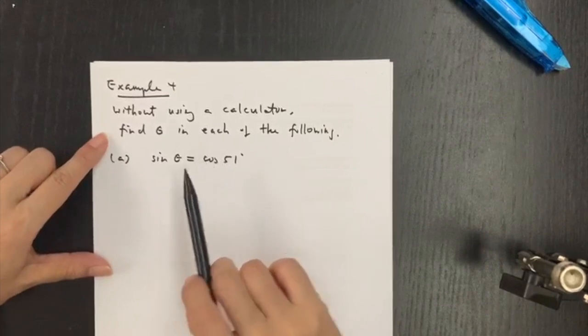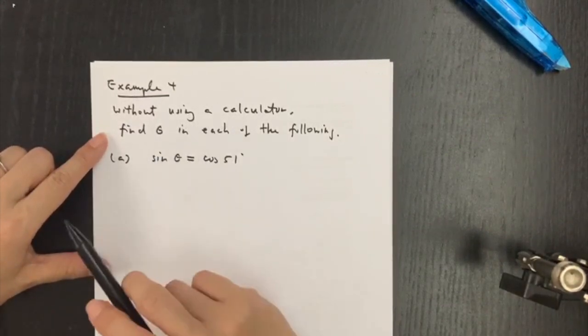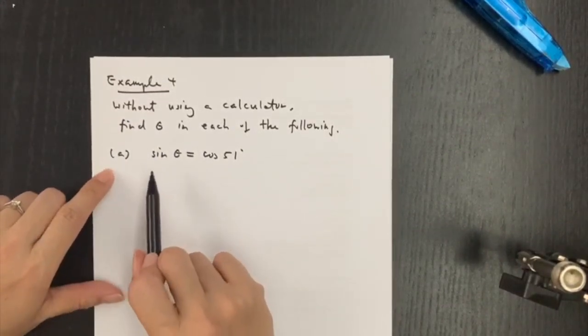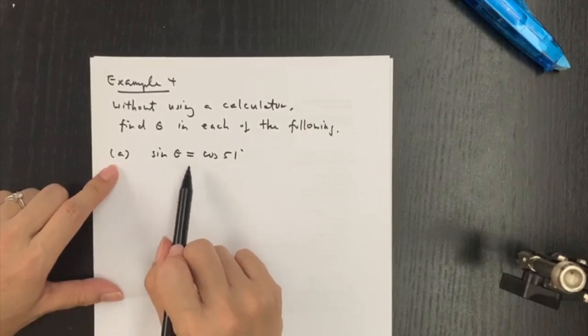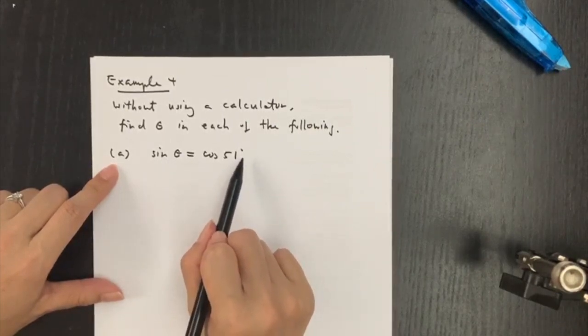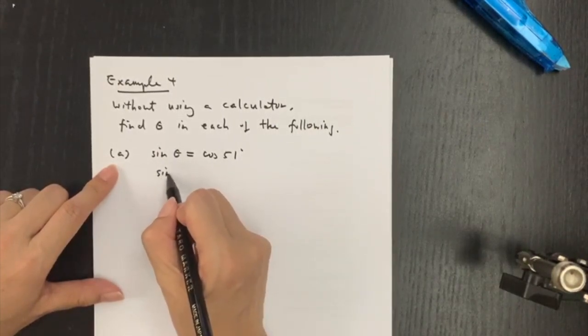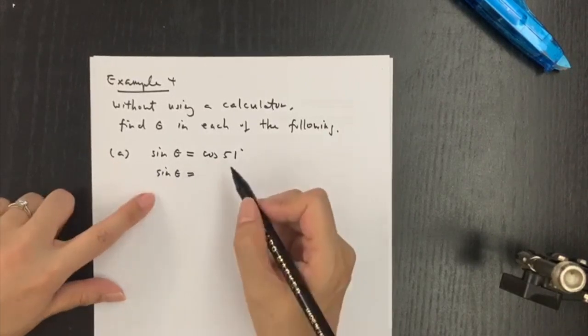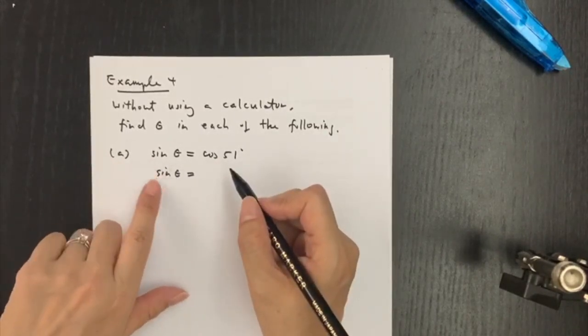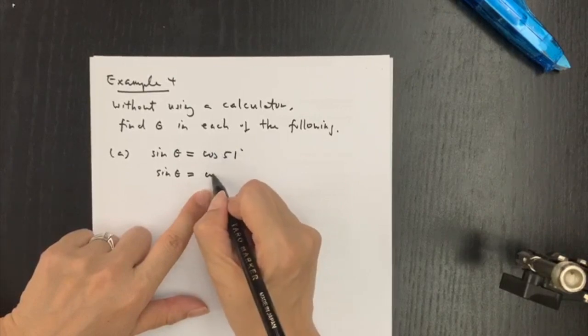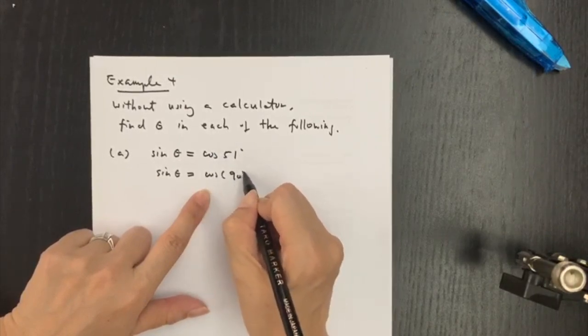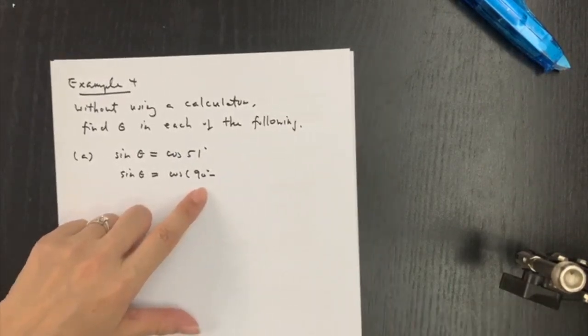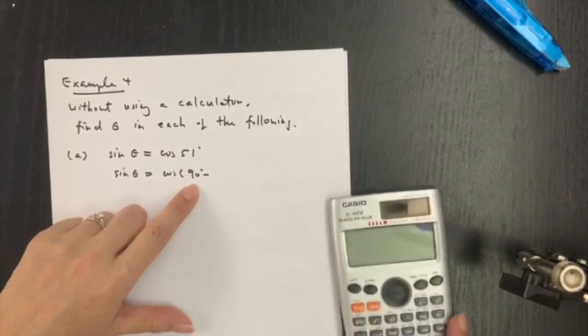Okay, so next we have example 4. This time we have to find theta, however without using a calculator. Given that sine theta is equal to cosine 51, can I make the left hand side and right hand side the same as sine? I keep this as sine, and now I can change this cosine to sine of 90 minus something. So 90 minus what is equal to 51?